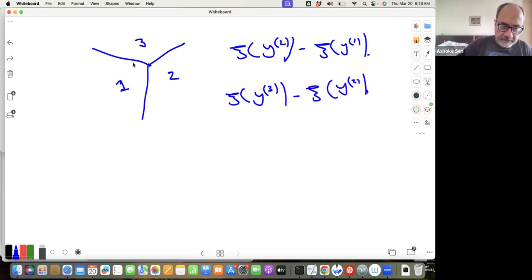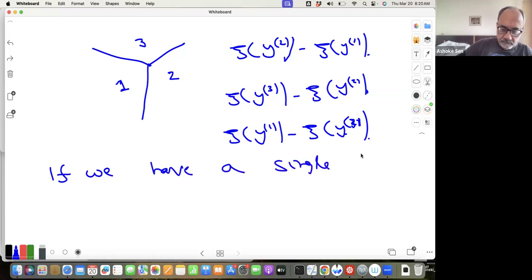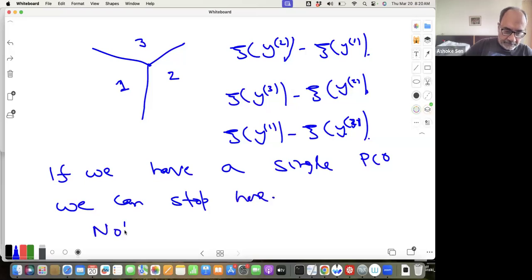And around 3 and 1, you get xi of y1 minus xi of y3. So if we have a single PCO, then we can just stop here, which means nothing further has to be done.